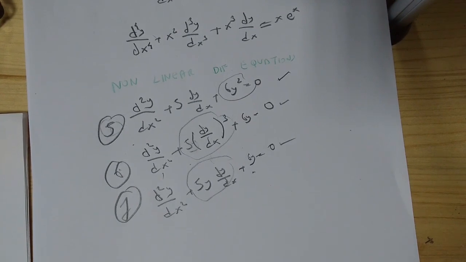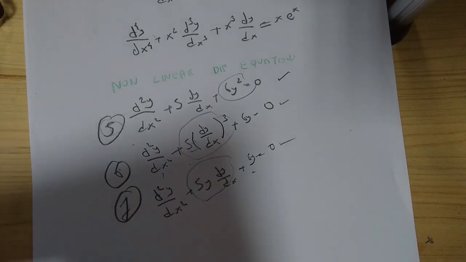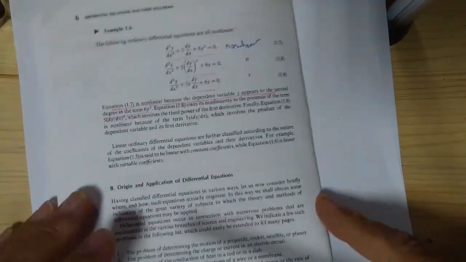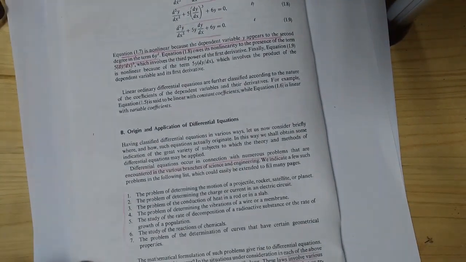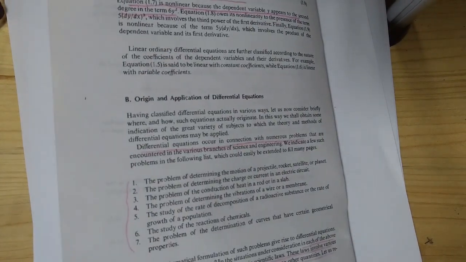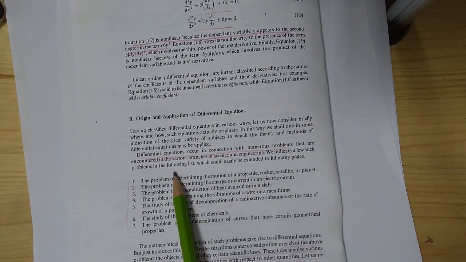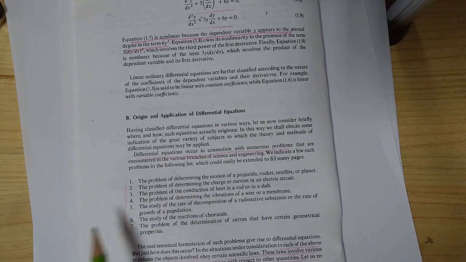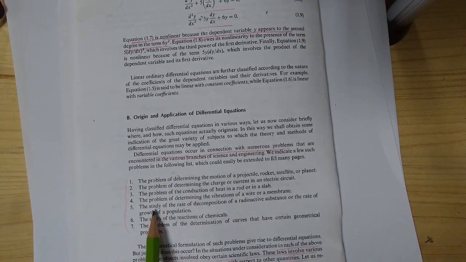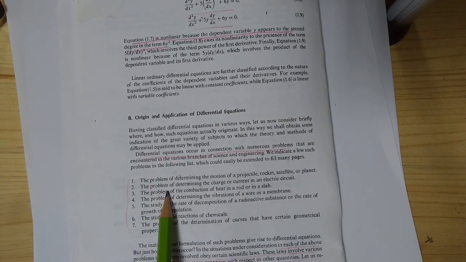Now, origin and application of differential equations. Let me cite this from the textbook. Differential equations occur in connection with numerous problems that are encountered in various branches of science and engineering.